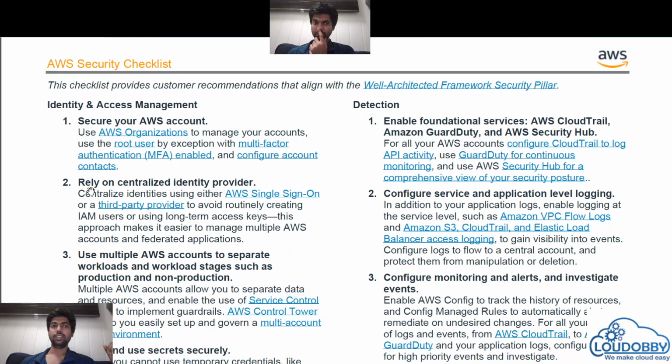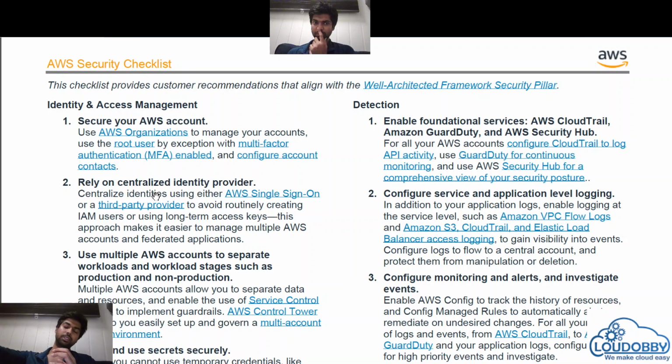Then the second thing is rely on a centralized identity provider. When a lot of users or developers are using your AWS accounts, everyone is going to authenticate to each and every account. So we should have a centralized identity provider.